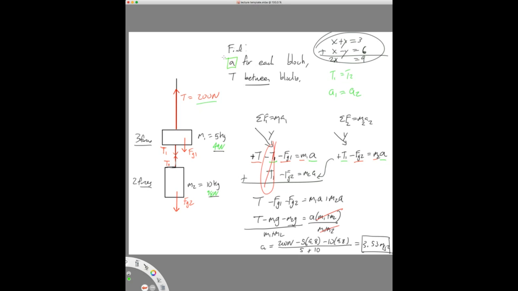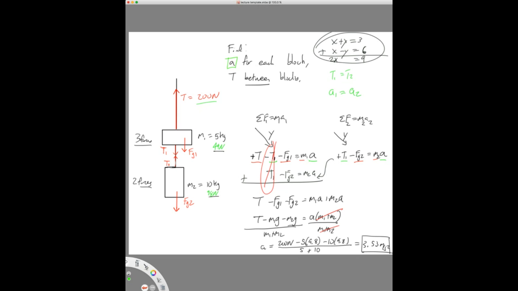Okay, so real quickly to recap before we go on and find the tension. We got a problem which basically was just a picture and one piece of information about an external force, the tension, and information about the masses. Then we had to draw in all of the forces. We write down Newton's second law for each mass.